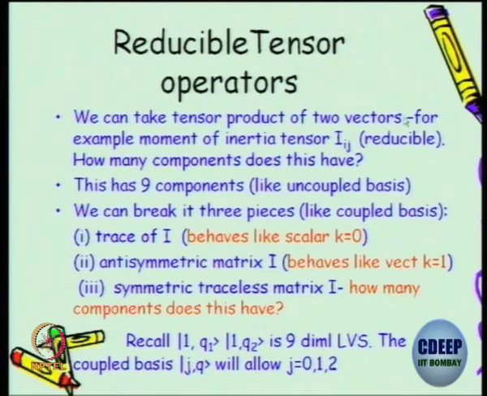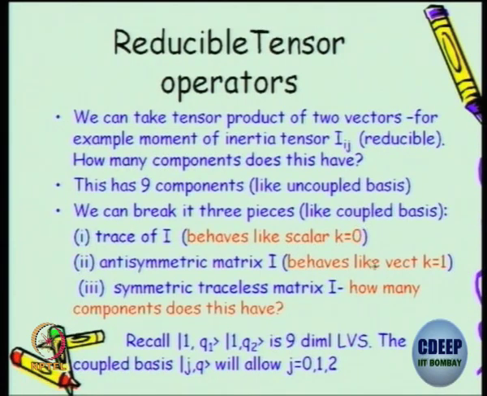Another, if you take the same vector Ri and Rj, each one is an irreducible tensor of rank 1, but the product which gives you a moment of inertia tensor is a reducible tensor. And you can break that reducible tensor into pieces. This is what I was saying, but I didn't do the CG coefficients here, but you can do this also. Okay. So if you do the CG coefficients, it will give you pieces.